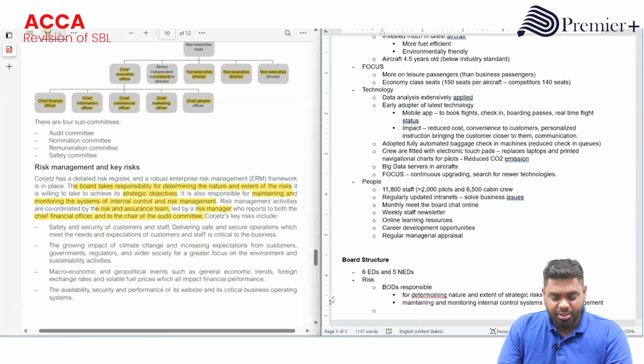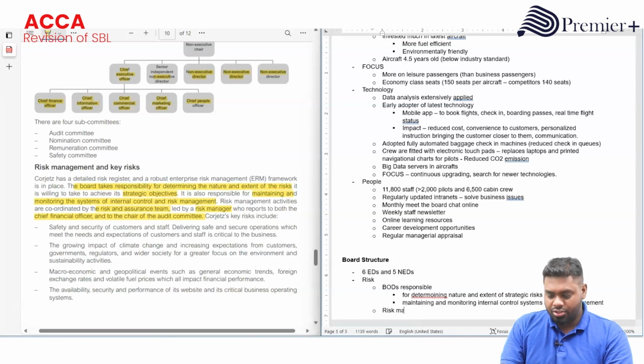Risk management activities are coordinated by the risk and assurance team led by a risk manager.